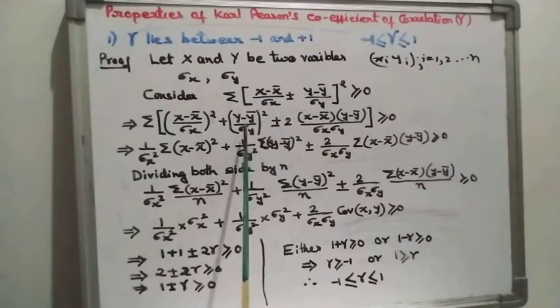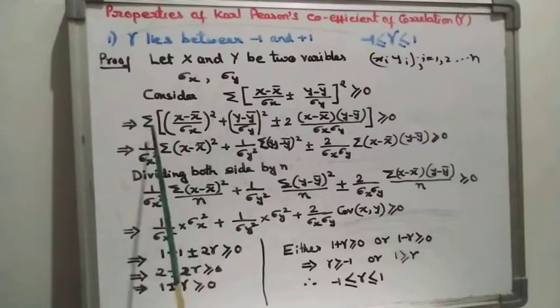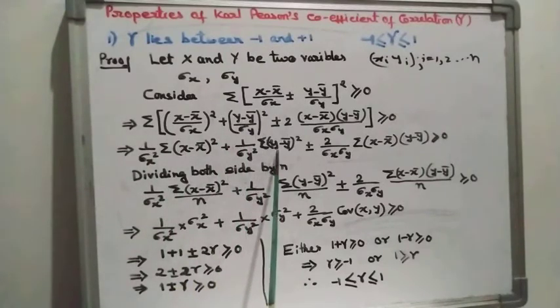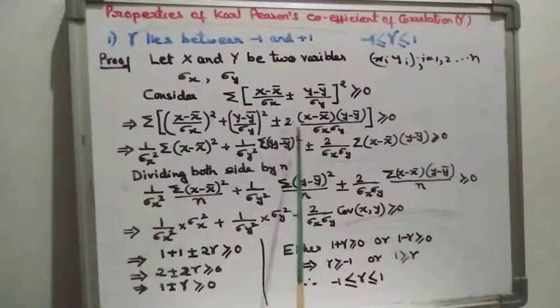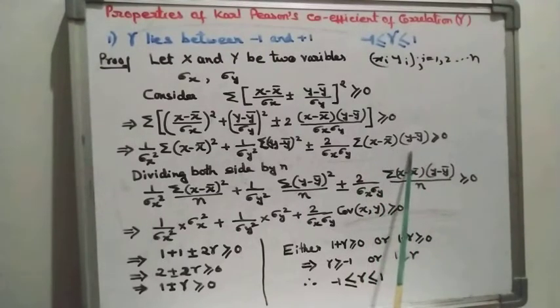Same here, bring this outside, so it is 1 by sigma y square and summation inside, so it is summation of y minus y bar whole square. Then plus minus 2 by sigma x sigma y, bring this outside, and put the summation here. You will get summation of x minus x bar into y minus y bar, greater than or equal to 0.